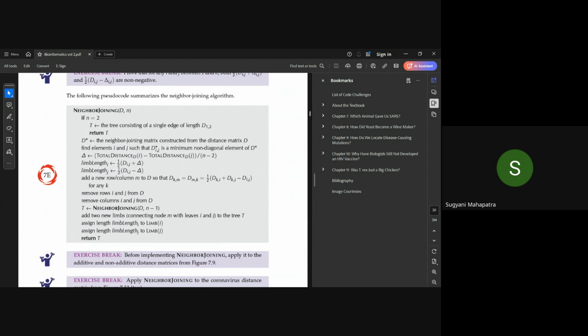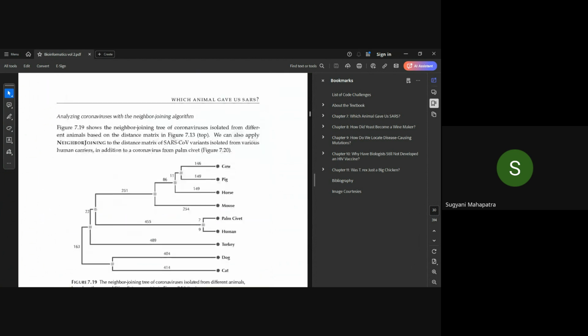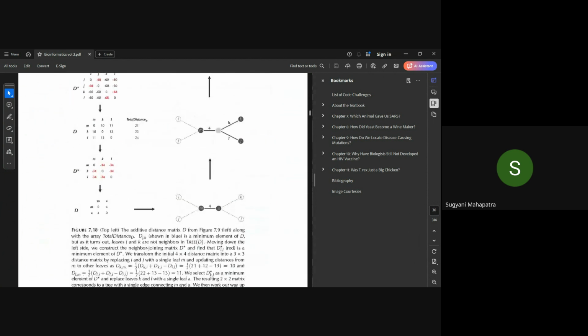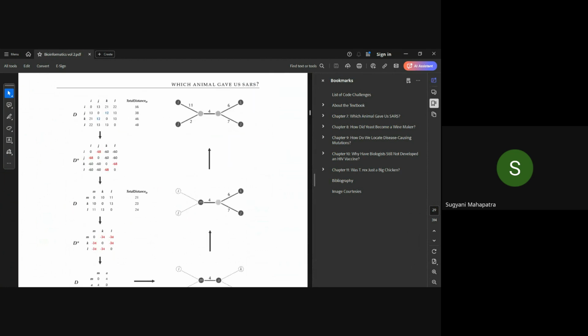You can be asked to fill in the blanks for the algorithms, for the additive phylogeny or for the neighbor joining algorithm. Suppose you can be given a matrix, this D matrix, and be asked to compute what will be the tree.